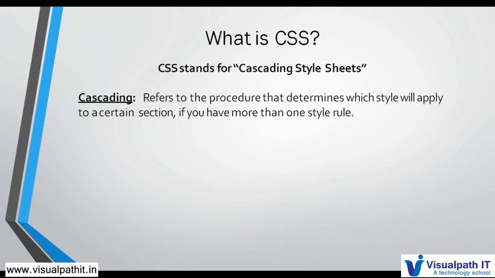It refers to the procedure that determines which styles will apply to certain sections if you have more than one style rule. It means if you have multiple style rules, then you can apply your own style to certain sections.